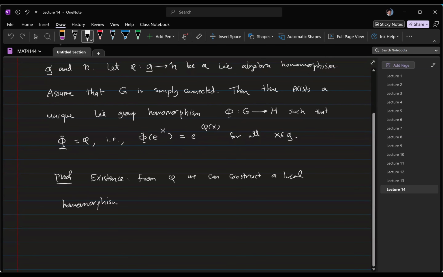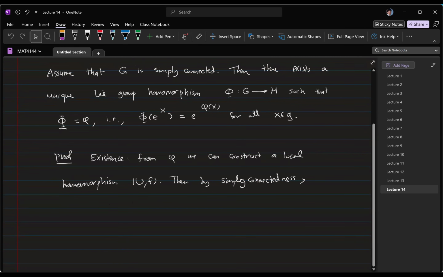Like F on U. Then by simply connectedness, we can find capital phi from G to H such that the restriction of capital phi to U is F. So this is the existence part.